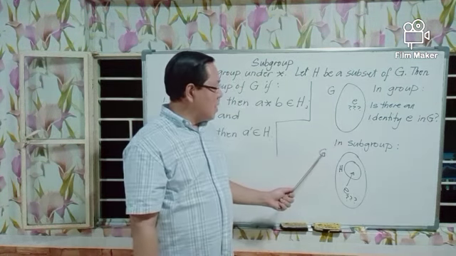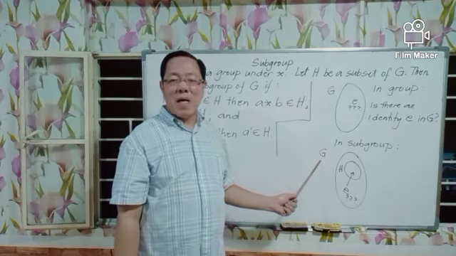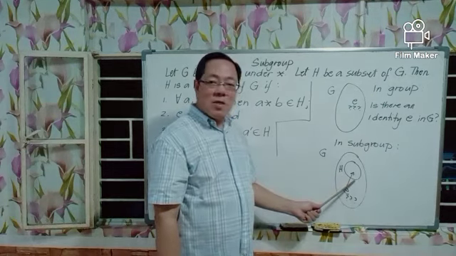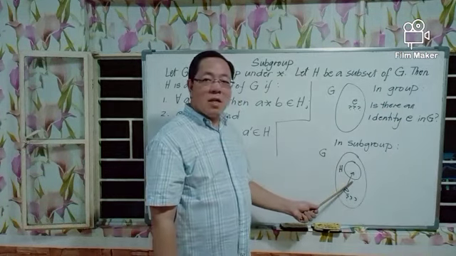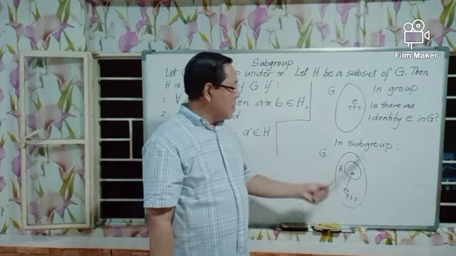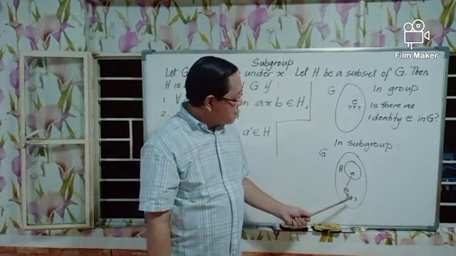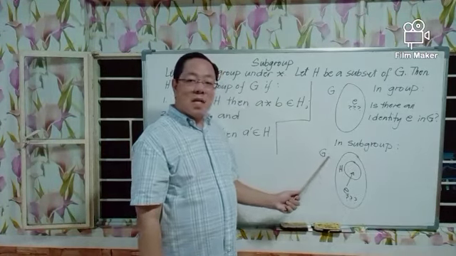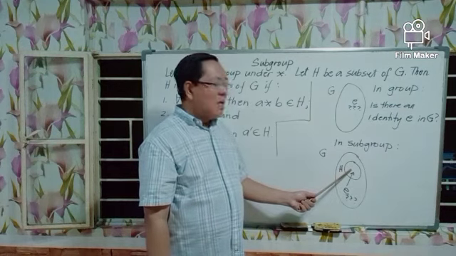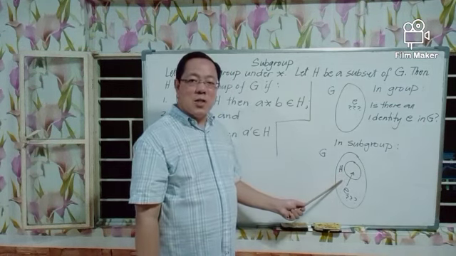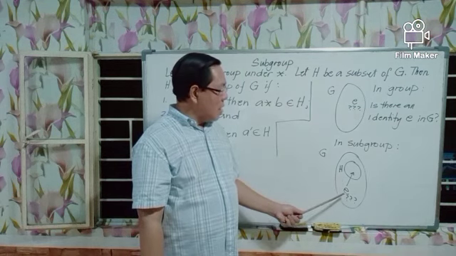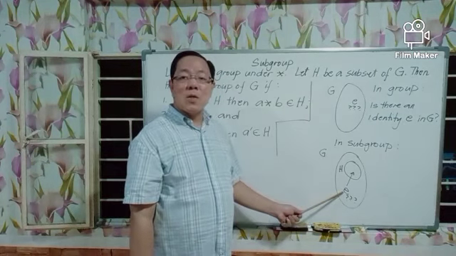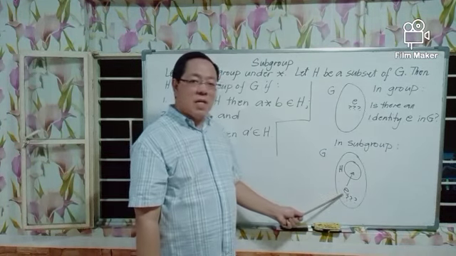While in a subgroup, we are given a group G under the binary operation star, and H, you can see, is represented by this small circle, and the small circle is inside the oblong representing the group G, and because H is a subset of G, every element of H is also contained in G. And you can see E is in the oblong representing group G. That means G contains the identity element.